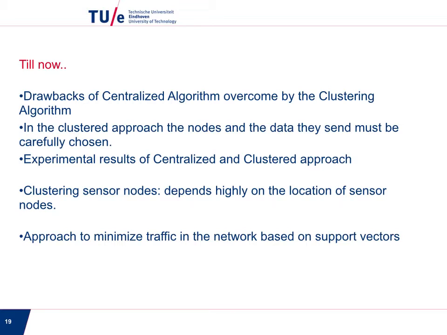We also came up with a technique to minimize traffic in the network based on support vectors and then further evaluated it experimentally. As I'll be continuing this project in my thesis, the next steps for me include experimentally evaluating another promising approach, the alternating projection algorithm, with the current centralized and the clustering algorithm.